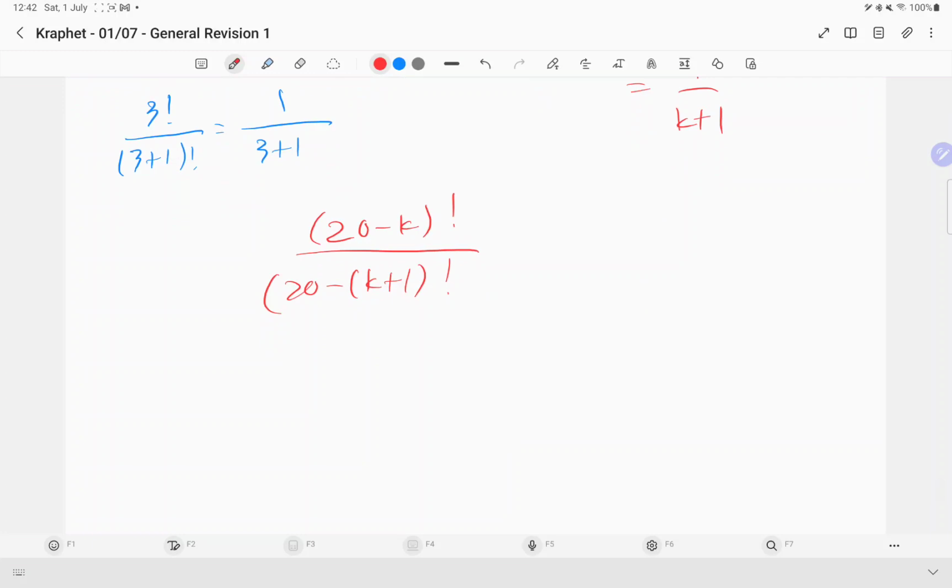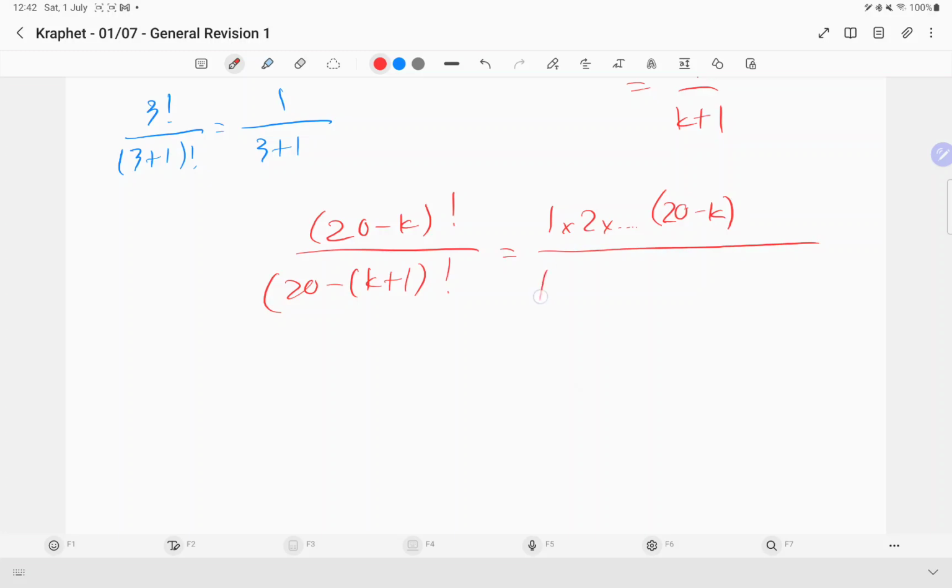20 minus k. So you go from 1 times 2 times all the way to 20 minus k. Right? And now the bottom is a bit harder to figure out.